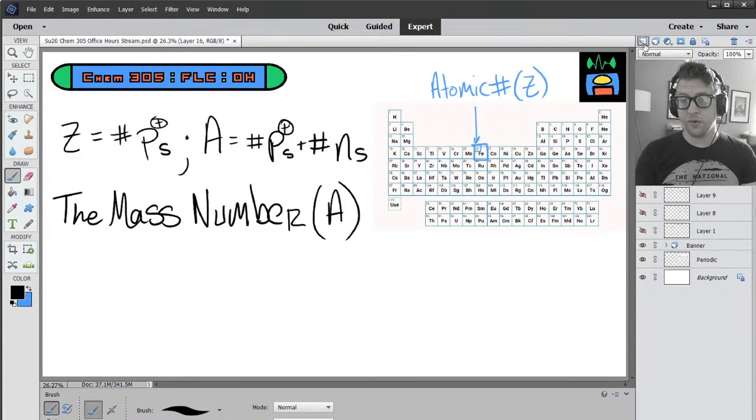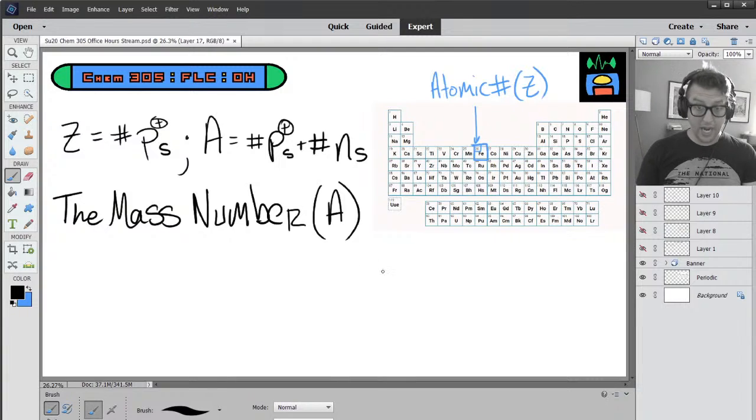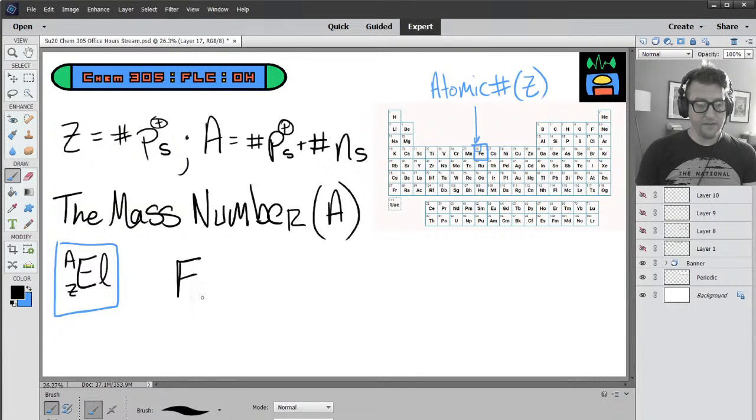You'll see this written, for example, like for iron. If you have an element, the isotopic nomenclature will have the mass number superscripted and the atomic number subscripted. This is how it's depicted. So, for example, if you had an isotope of iron, 54, this isotope of iron has 26 protons.